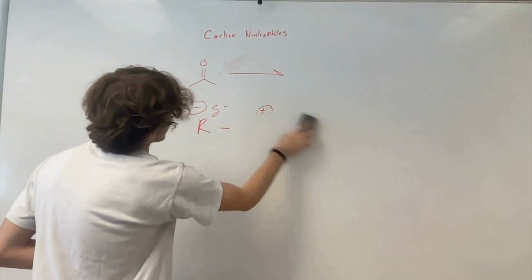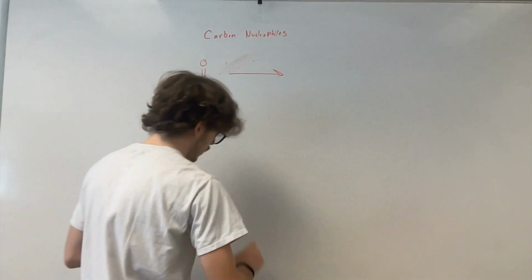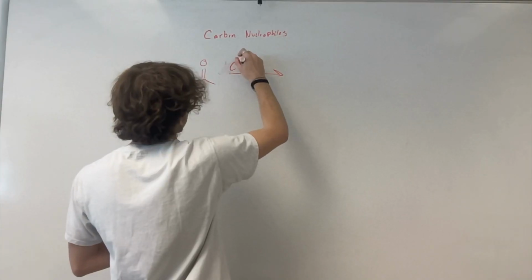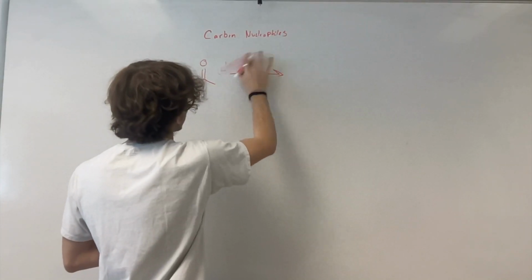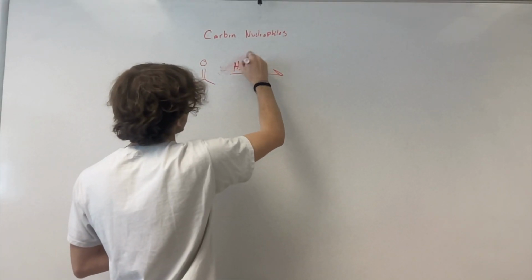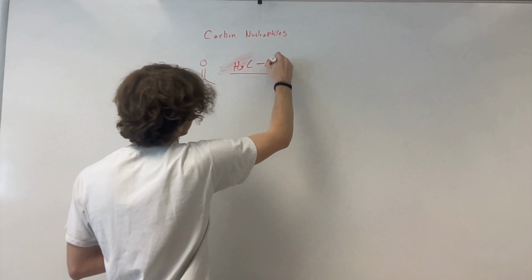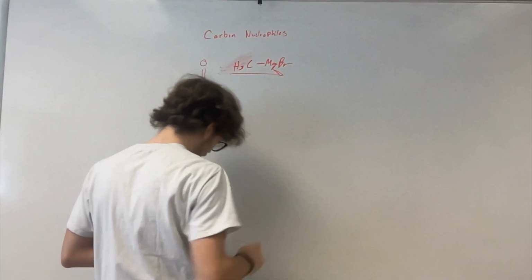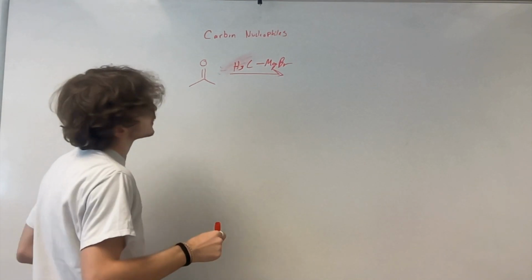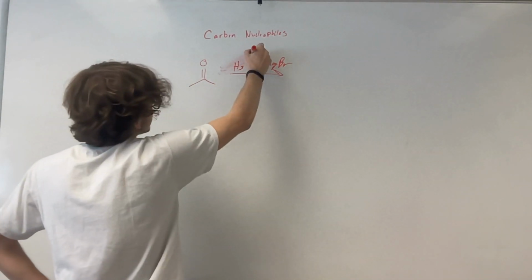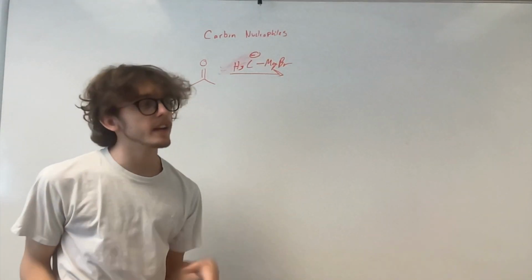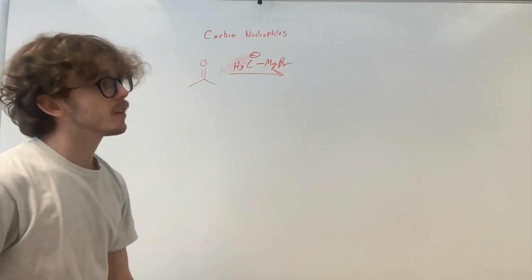So let's say we have this Grignard reagent here. So we have H3 and a methyl MgBr. Okay, so this is our Grignard reagent. If I say that this is almost negative, it's not negative. Do not put negative on your final form of the exam.